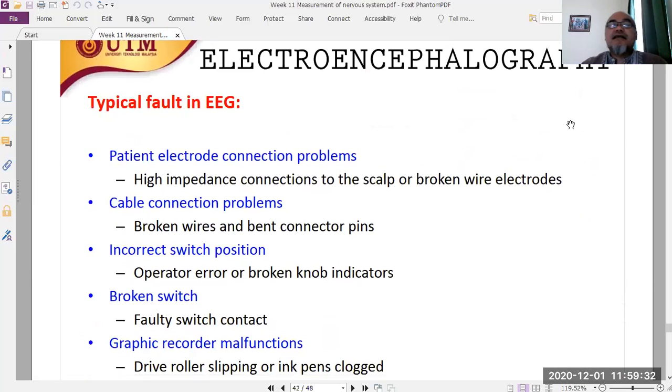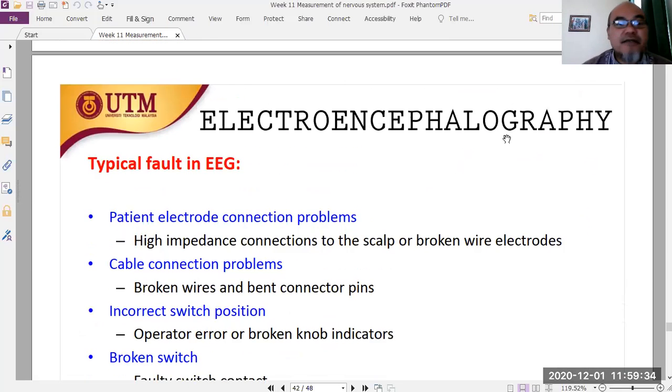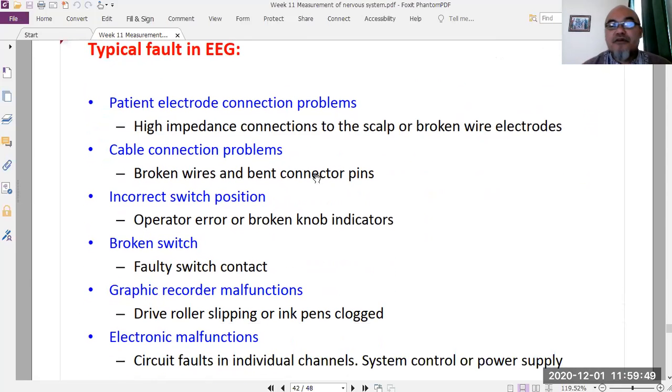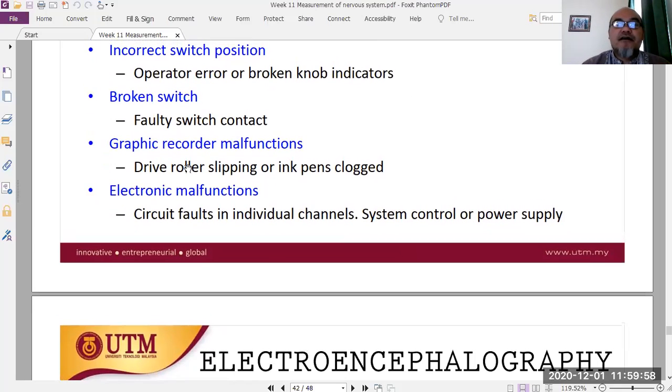Then in EEG instrumentation, a typical fault that quite often happens is in the connection between the patient and the electrode: broken wire electrodes, cable connection problems, broken wires and bent connector pins, incorrect switch position, broken switch, faulty switch contacts, graphic recorder malfunctions, and electronic malfunction of the system itself.